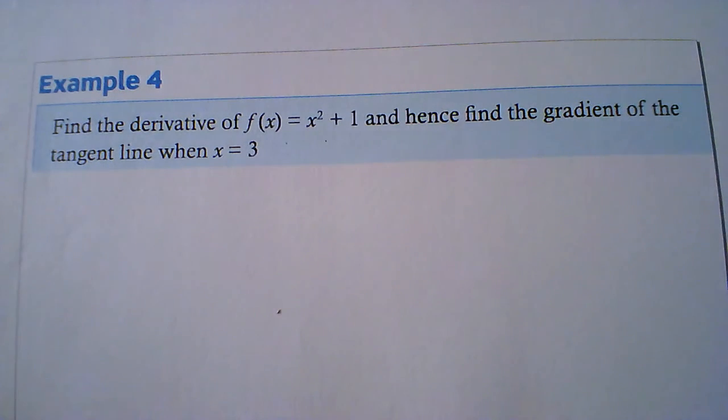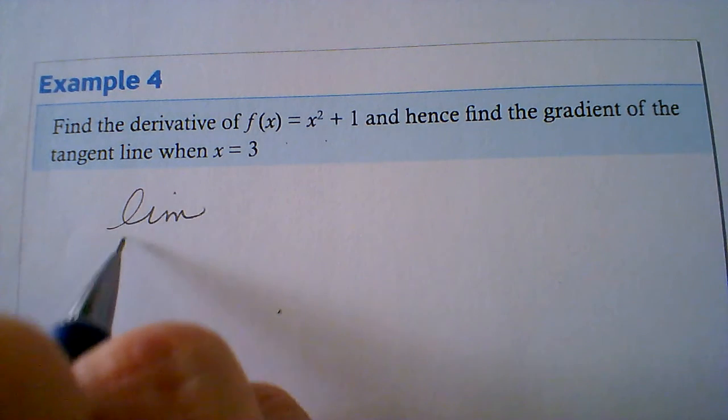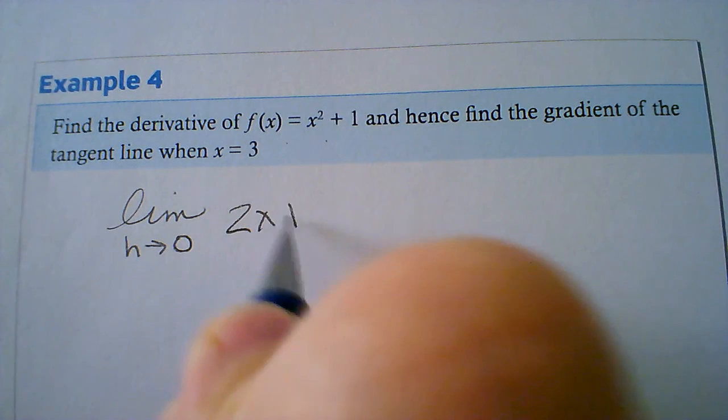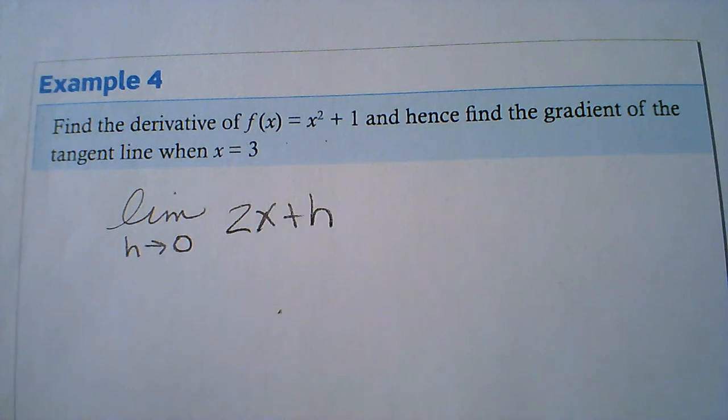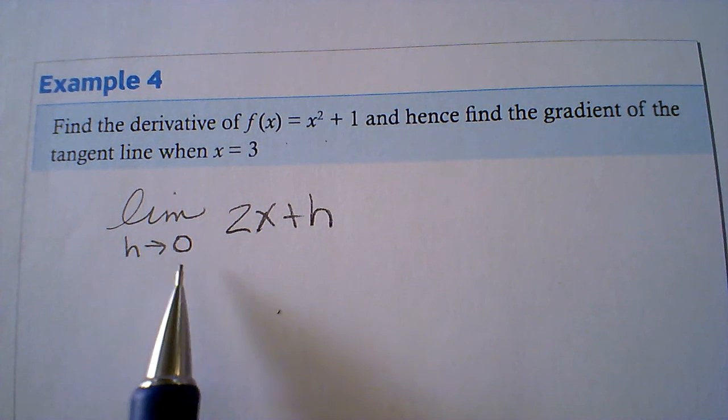Right? So we already know that, so let's not do the work all over again. So that means the limit as h approaches 0 of 2x plus h. That's our derivative. There's no equals. And then x becomes 3. No, hang on, girls. All right.